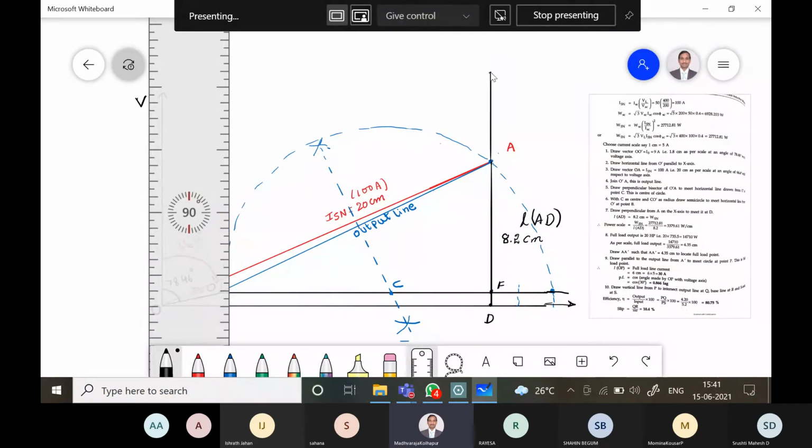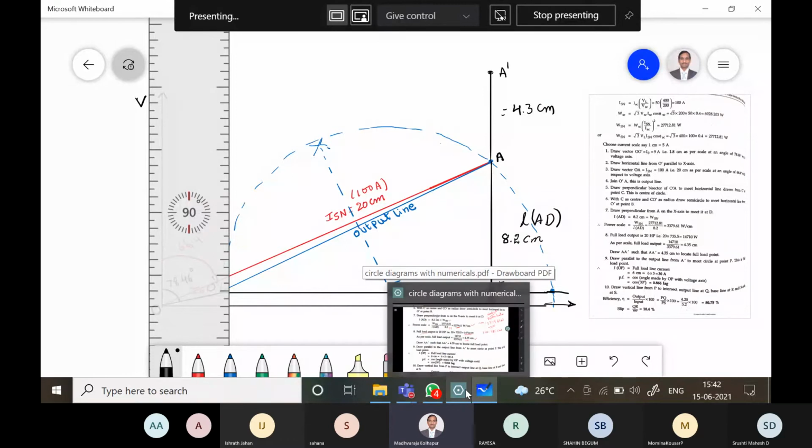This is called A dash. This is A, and A dash is equal to 4.35 centimeter.